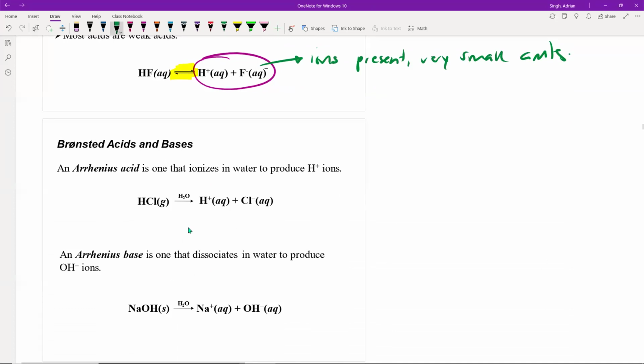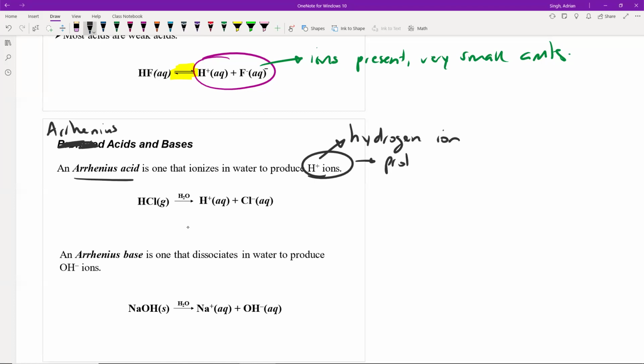The first is known as Arrhenius. An Arrhenius acid is one that produces in solution the H plus ion. The H plus ion is called a hydrogen ion. It is also called the proton because that is essentially what it is in solution. So HCl, for example, hydrogen chloride gas dissolved in water, does produce this H plus. That makes this an acid as a result of that.